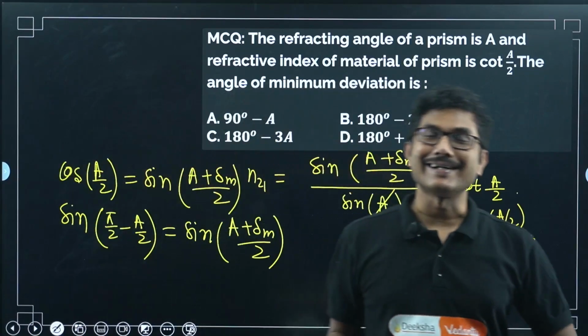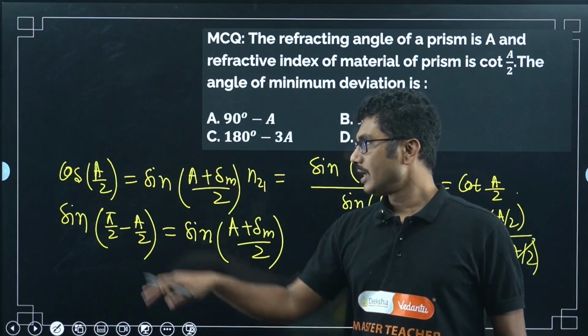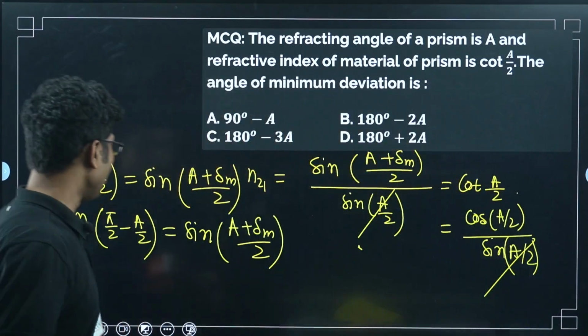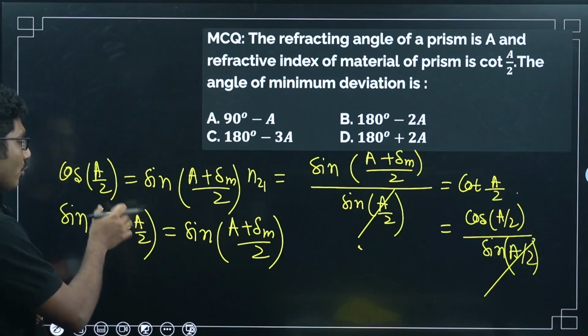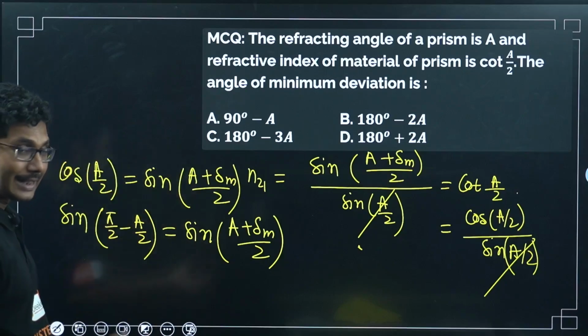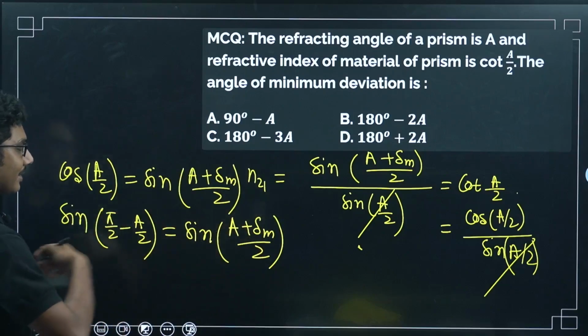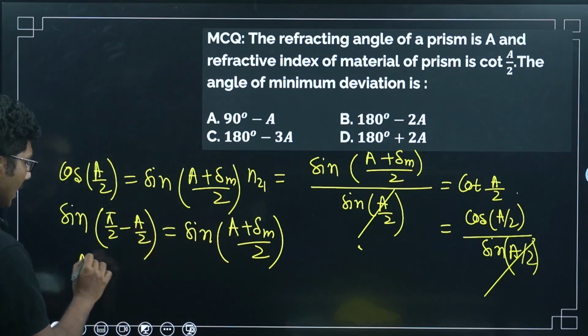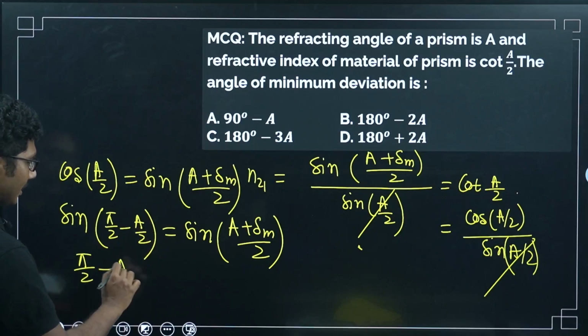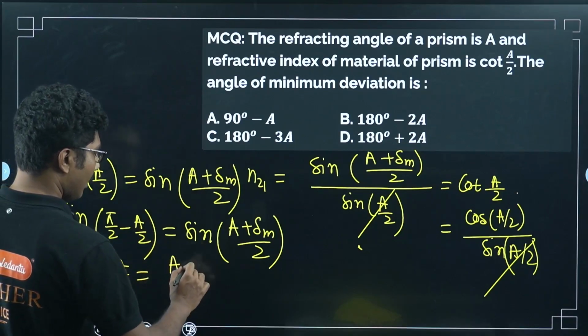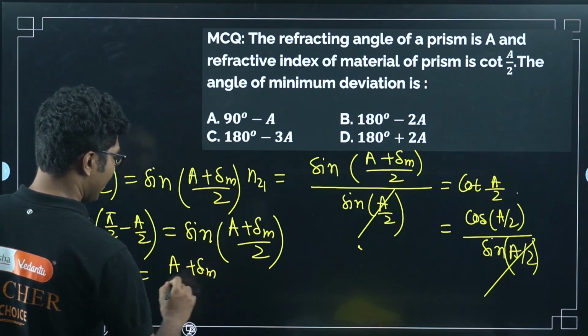For example, sine 30 is equal to cos 60, right? Sine 60 is equal to cos 30. So basically what we have to do is write pi by 2 minus angle theta, whose cos is equal to sine, right? So now we can take the sine inverse on both sides, and we can write pi by 2 minus A by 2 equals (A plus delta m) by 2.